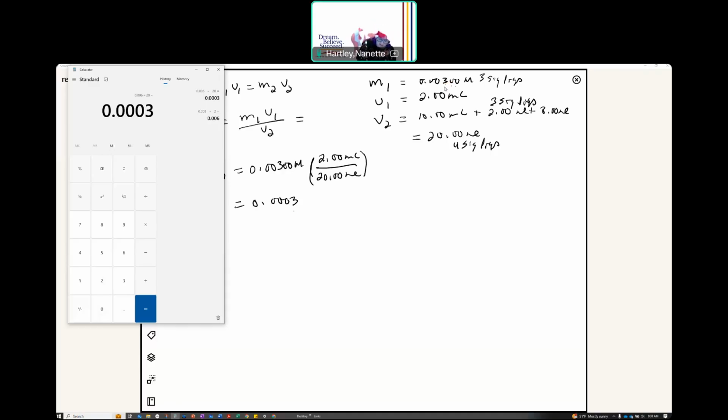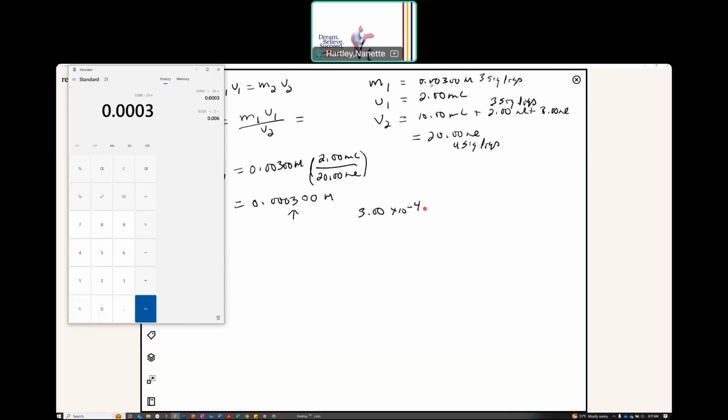This is the only sig fig I have in my answer, so I need to have 2 additional zeros on it. This is the answer that they are looking for. The zeros in the front are not significant. I could get rid of them by putting this into scientific notation, 3.00 times 10 to the negative fourth.